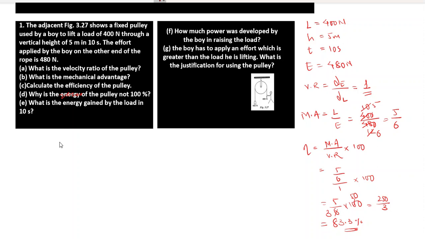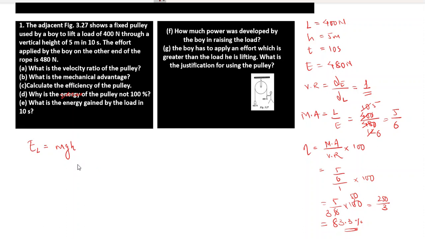What is the energy gained by the load in 10 seconds? See, energy gained by the load is equal to mgh.